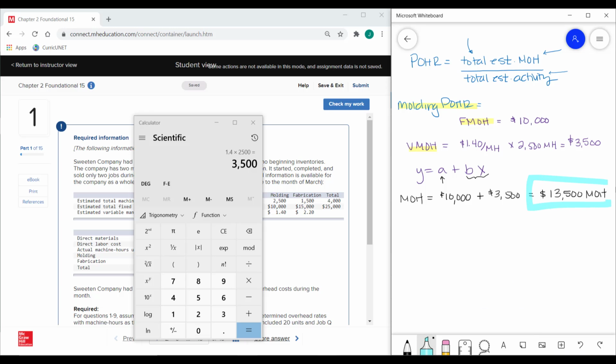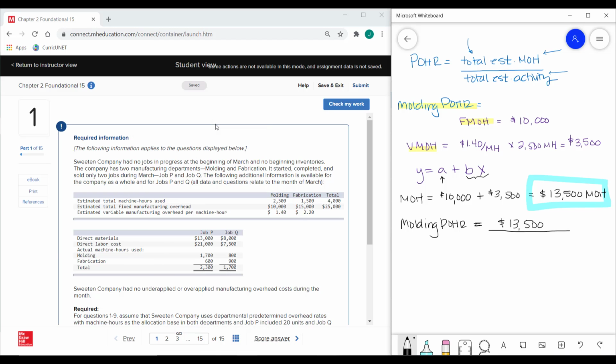There we go. Okay, so now we have enough to further our pour calculation. So we'll go back to the molding pour. And remember, the pour, any pour is defined as the total estimated manufacturing overhead, which we just now found to be $13,500 for the molding department. That's how much overhead we think would be incurred within that department.